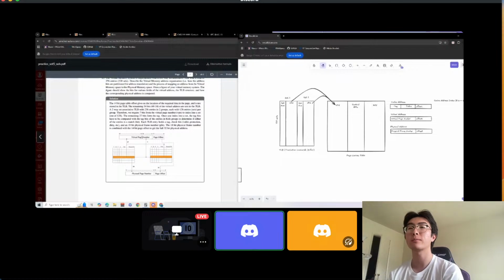Shouldn't that be 4 bits? In this case, it seems like it's 6.